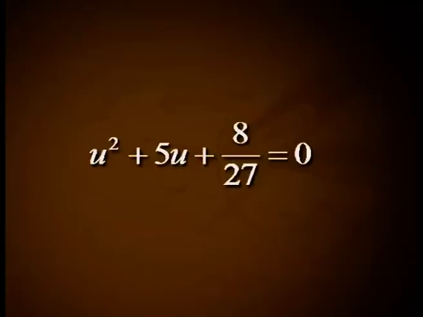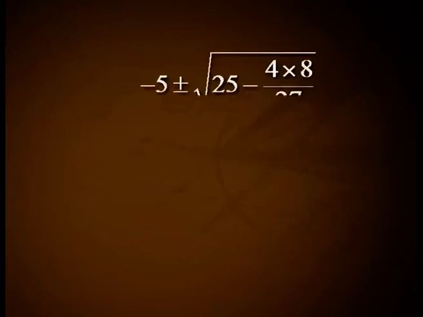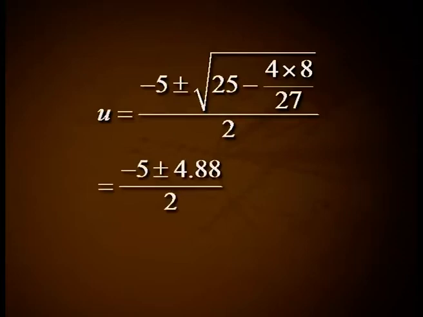Take u equal to t cube, then the above becomes the quadratic equation u square plus 5u plus 8 by 27 equal to 0 with u equal to minus 5 plus or minus root of 25 minus 4 into 8 by 27, all by 2, equal to minus 5 plus or minus 4.88 by 2, equal to minus 4.94 or minus 0.06.